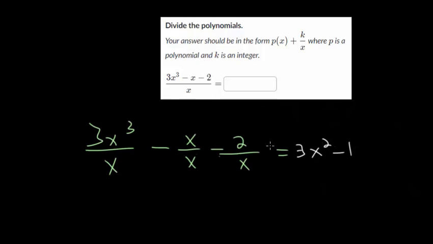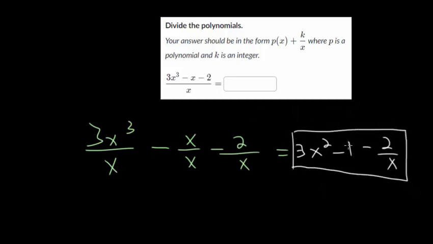In this case, it's negative 1 because we're subtracting. And then this minus 2 over x, we're again not going to be able to simplify that just because we don't know what x is, and we won't be able to divide those numbers. So 3x squared minus 1 minus 2 over x goes into our box, where the 3x squared minus 1 is our polynomial, and this minus 2 over x is going to be our remainder term, where in this case k is minus 2.